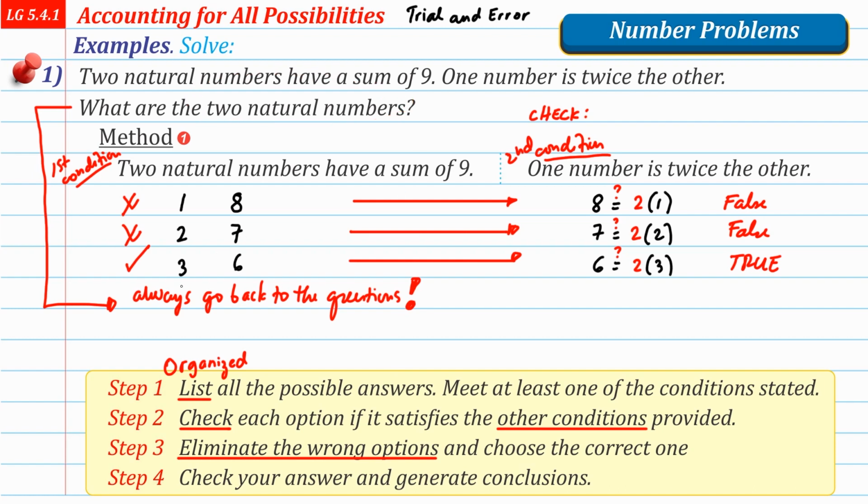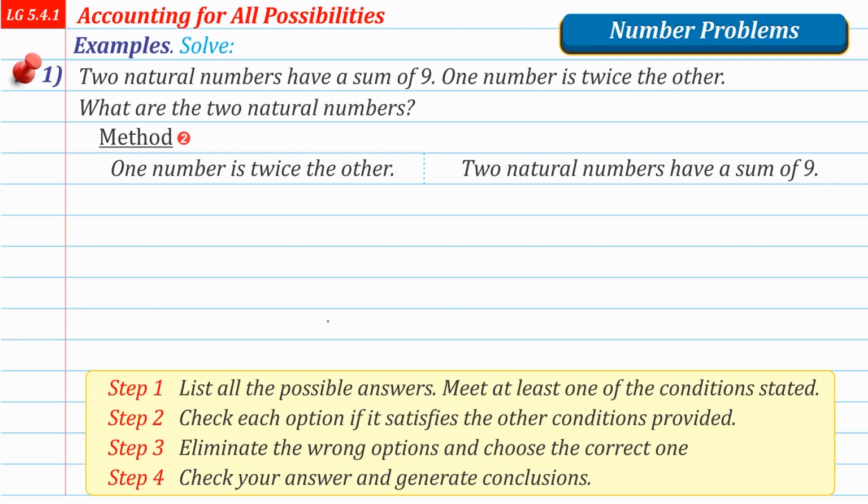Ay, ito naman pala, so walang problema. So, the two natural numbers are 3 and 6. So, that's our answer, and we have concluded that these are the two numbers. Okay? Di ba ang dali? Trial and error? So, swerte tayo, dito pa lang, nakuha na natin sa third. Okay, more. So, let's go to the next example.